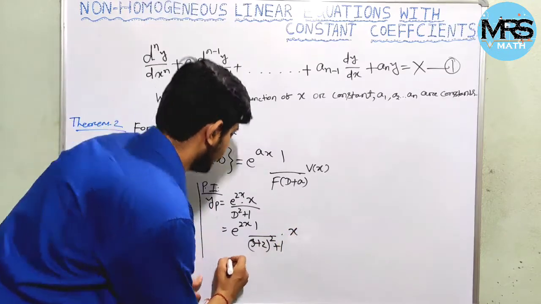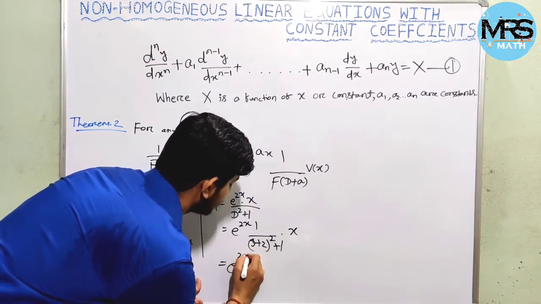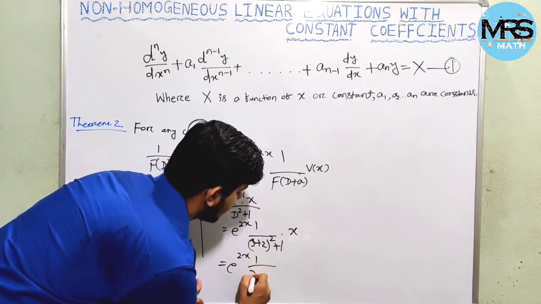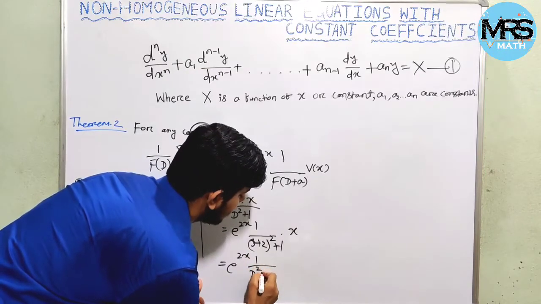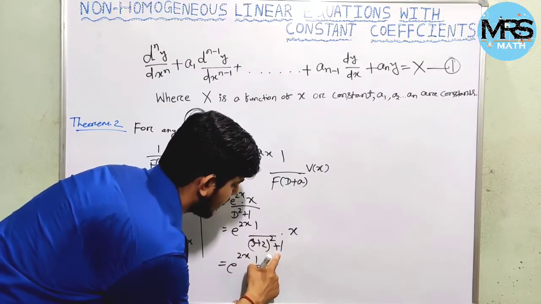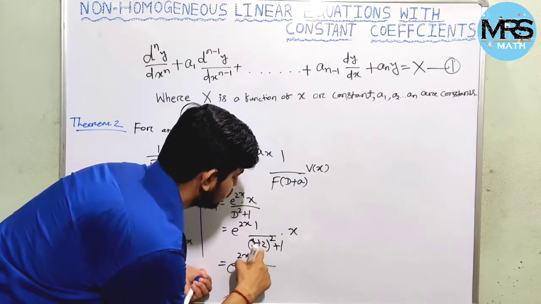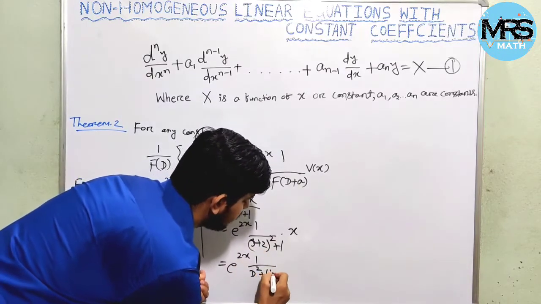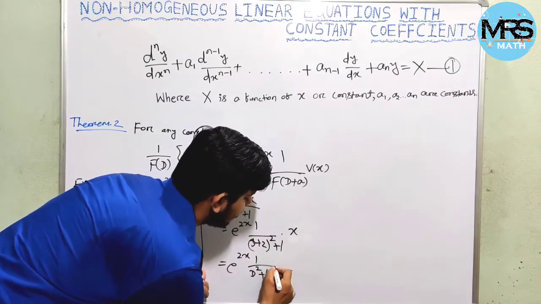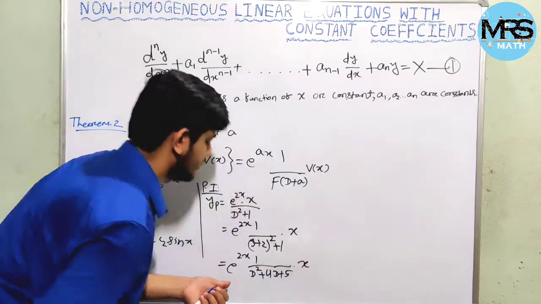So we get e to the power 2x, 1 over D square plus 4 plus 1, that is 5, plus 2 into 2D, that is 4D plus 5, into x.